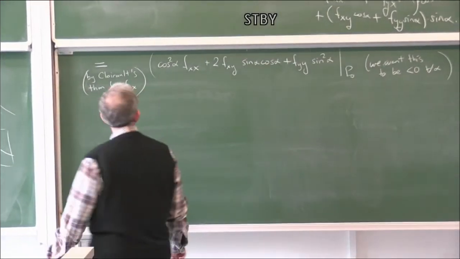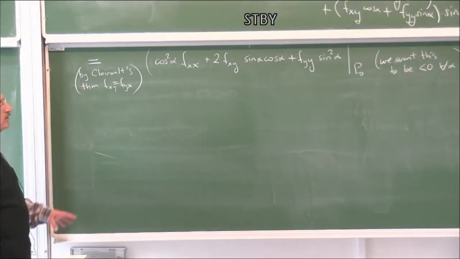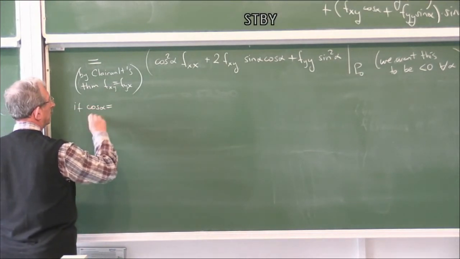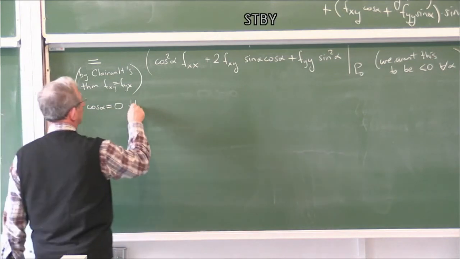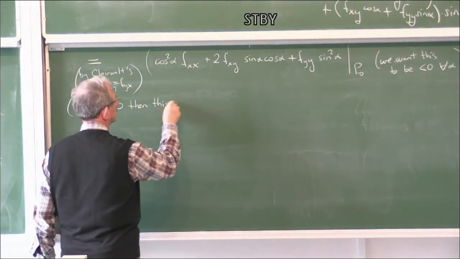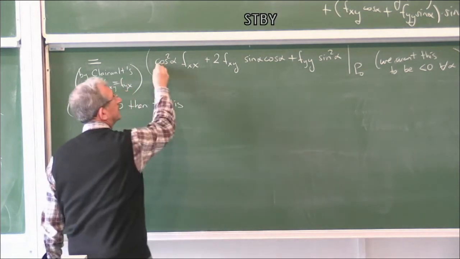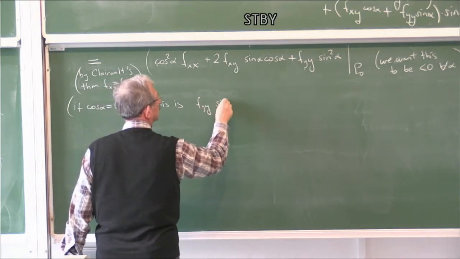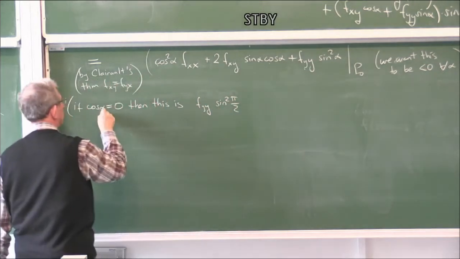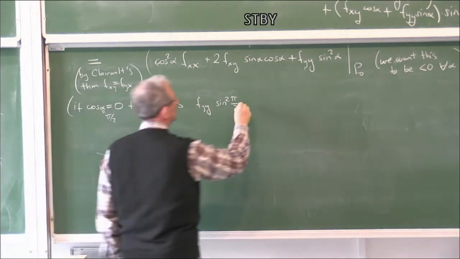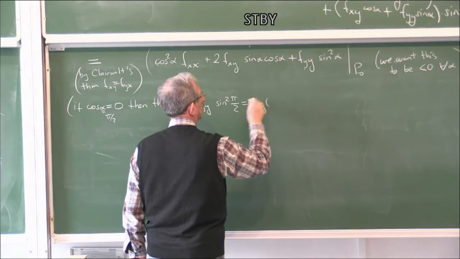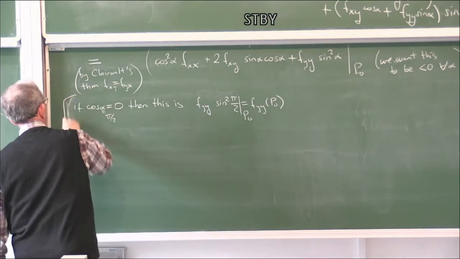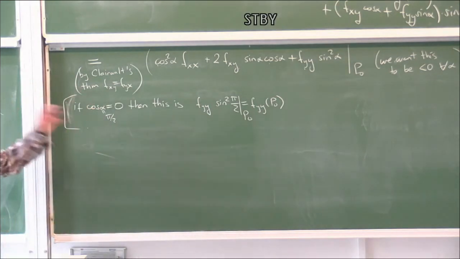That was our goal. Now I will differentiate two cases here. If cosine alpha is 0, then this is, okay, well, what is that? If this is 0, this is 0, it's just f_yy sine square pi over 2, because then alpha must be pi over 2, so it is f_yy at P0. Okay. So this is a special case. We will return back to it.